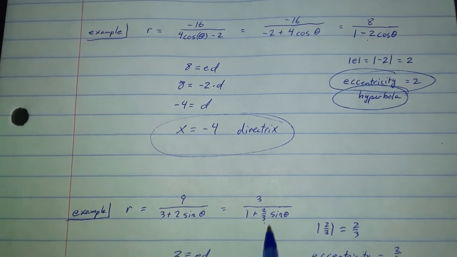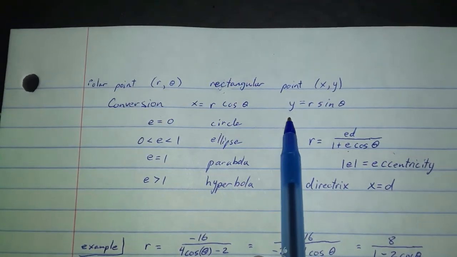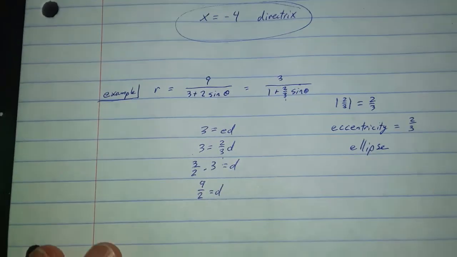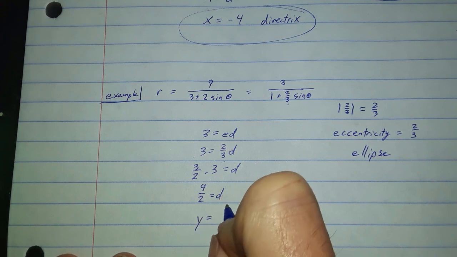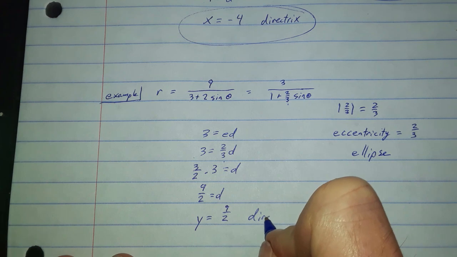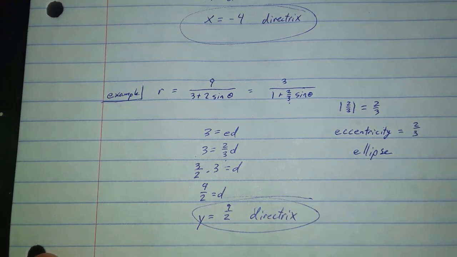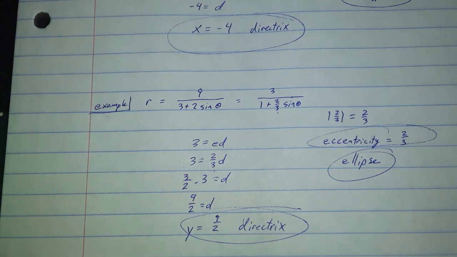Now, since I have a sine here, sine is associated with a y-coordinate. I'm going to have y equals 9/2 as my directrix. So my directrix, my eccentricity, and my ellipse.